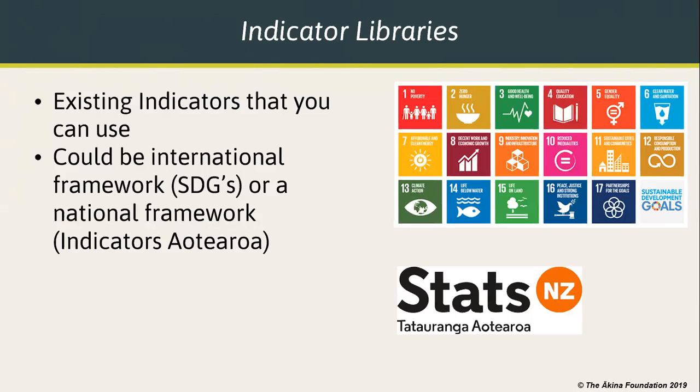Here in New Zealand, Statistics New Zealand have developed a library called Indicators Aotearoa, which is about to go live, and it's about to be a centralized source of all of the data that the government captures against those indicators that New Zealanders have said matter to them.